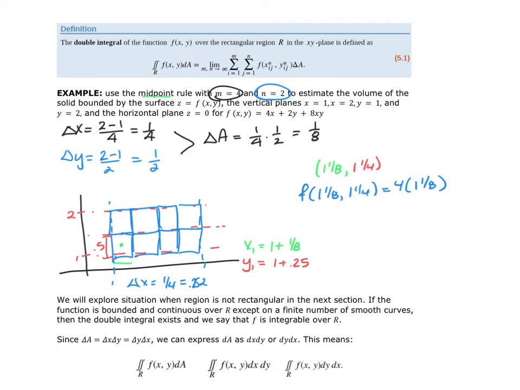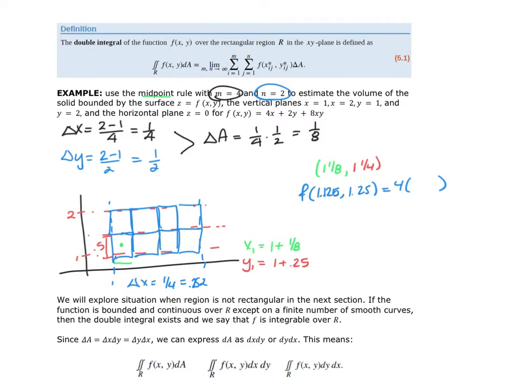So 1 and 1/8 is 1.125 for the x, and then 1.25 for the y.